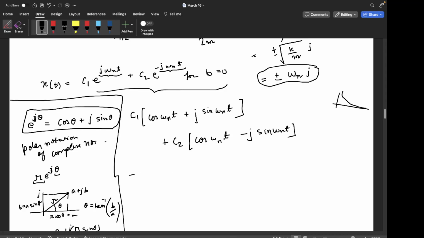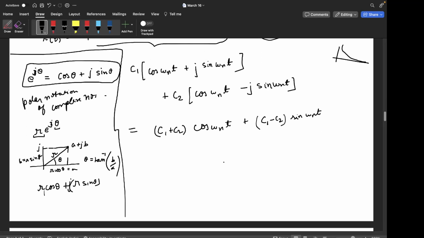Now if you further group the terms of cosines and sines, then this will be c1 plus c2 times cos omega_n t, and plus c1 minus c2 times sin omega_n t.